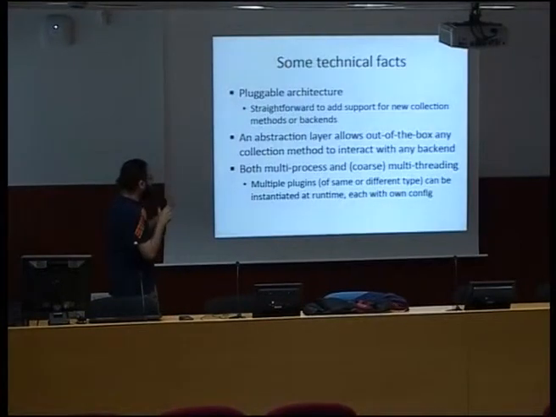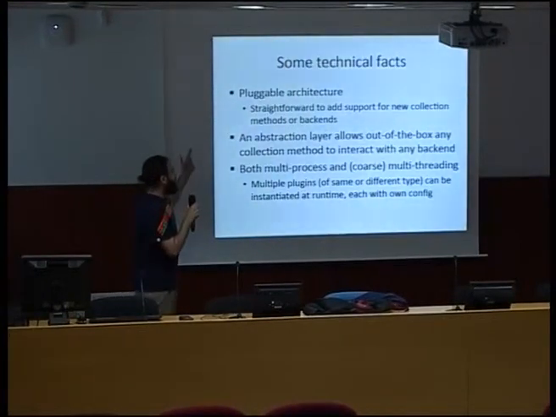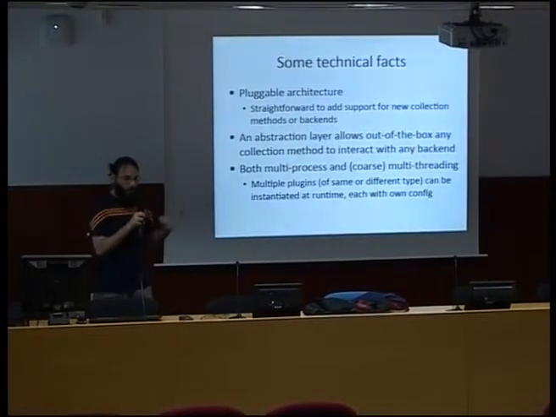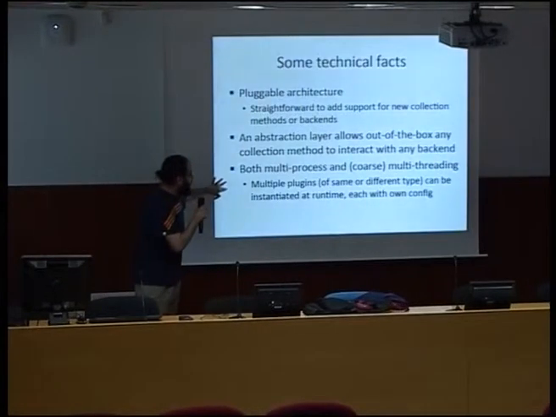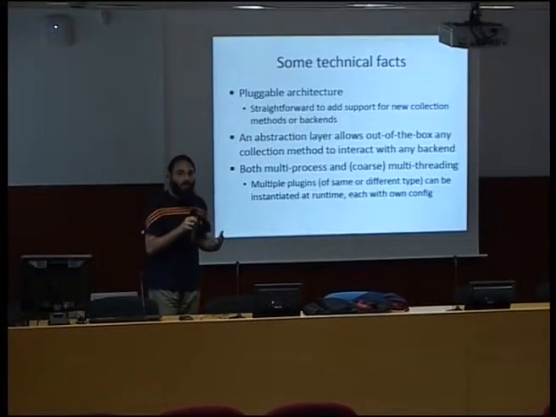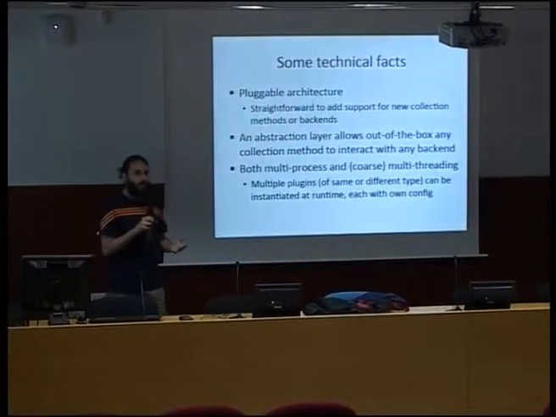The other part of it is that it's a pluggable architecture. We already said before that you can build multiple views of the traffic at the same time. And then it's multi-process and multi-thread, because nowadays, not in 2003, we have multi-core CPUs. By being multi-thread and multi-process, you manage to spread the load of the various components of pmacct over the available CPU cores.